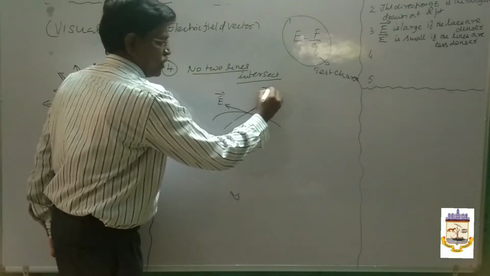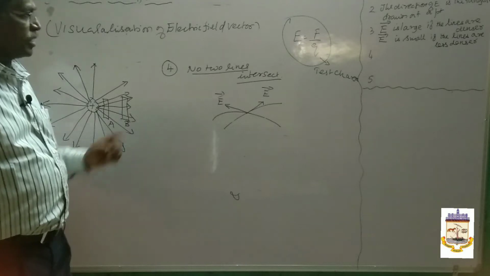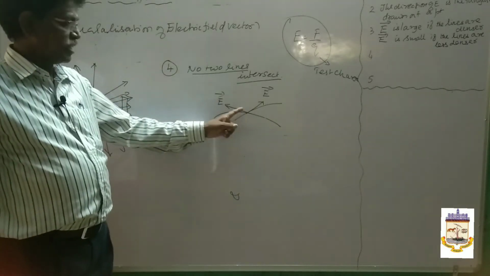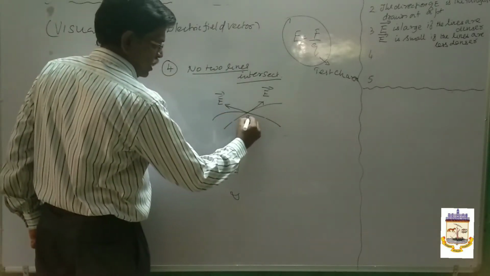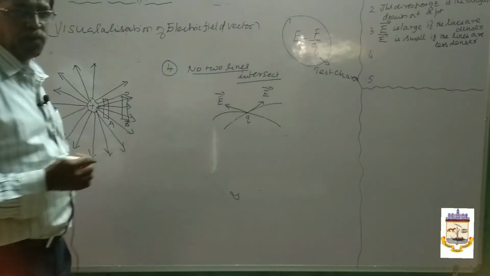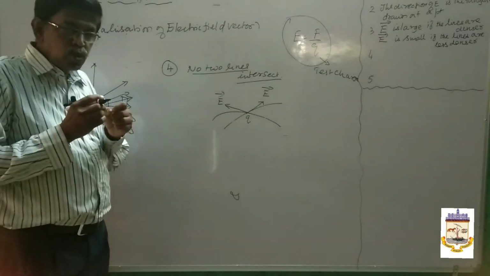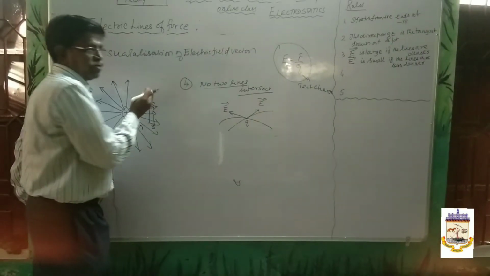The electric field vector. Say I am assuming the two electric lines are crossing over each other. At the point of intersection, electric field vectors are acting. Suppose a charge Q is kept at that point, imagine the charge is subjected to two forces. One force will be acting here, another force will be acting there.